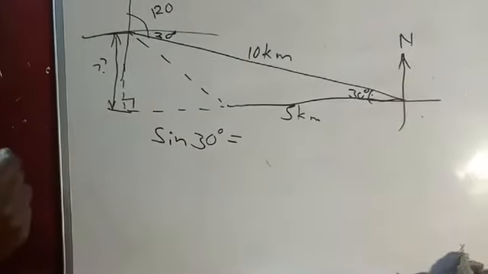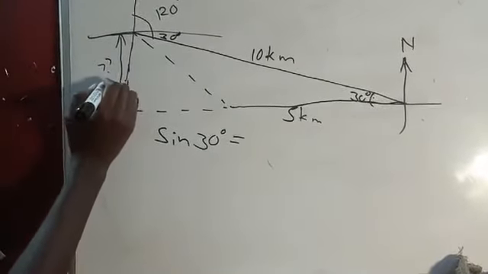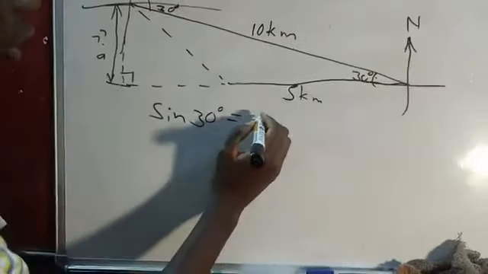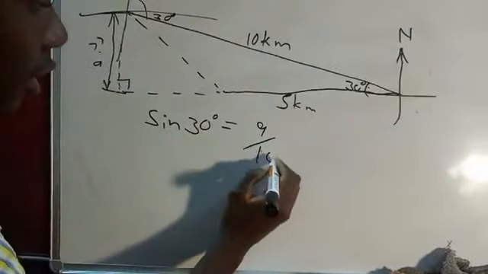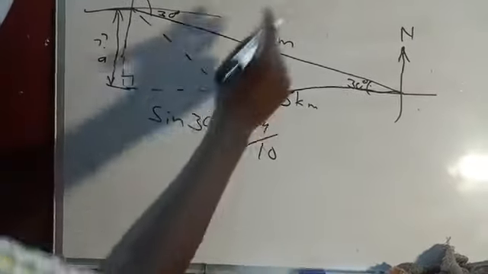So let's name this side A, being equal to A over 10 kilometer, which is the hypotenuse.